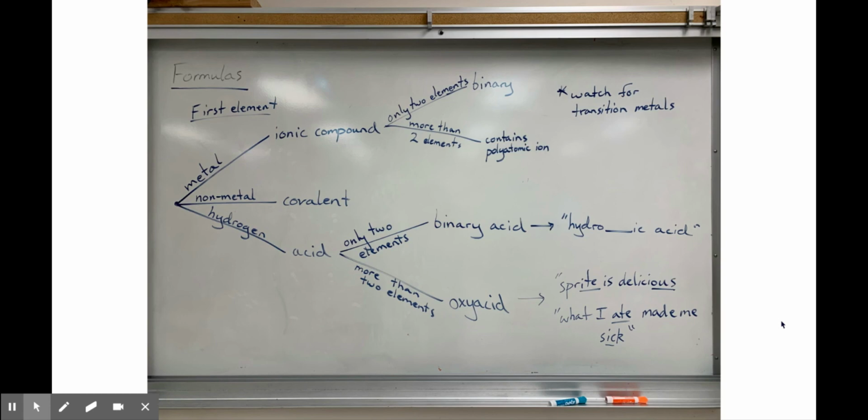If it starts with a hydrogen, you know that you are dealing with an acid. And there's a couple of, what's the word I'm looking for? Exceptions to that rule. For example, water, H2O. We don't usually consider that to be an acid, even though it starts with hydrogen. And that's because one way you can think of water is it's an H plus and an OH minus stuck together.